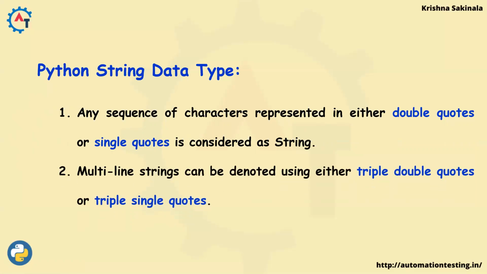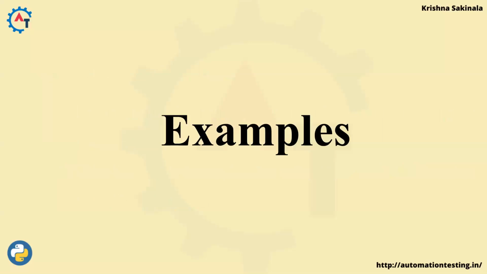Multi-line strings can be denoted using either triple double quotes or triple single quotes. So if you want to represent multiple lines as a string, we can use triple double quotes or triple single quotes. We need to remember these two things when we talk about Python strings. We'll see some examples with single line and multiple lines.